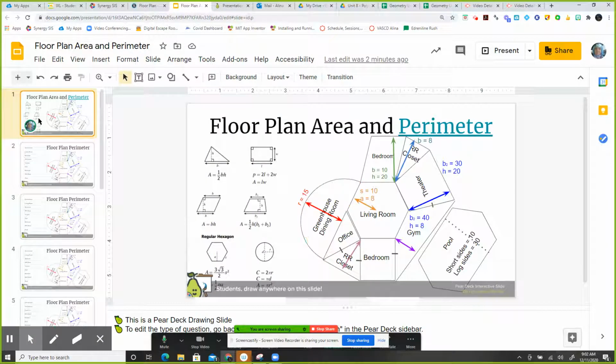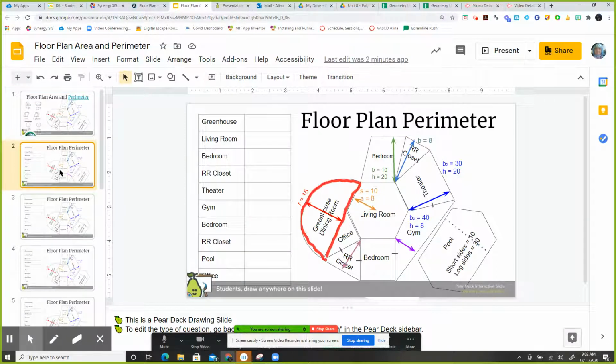What's the formula for a circle? 2 times pi r, right? So 2 pi r for a circle. And so I know the radius, so I could do 2 times 3.14 times the radius, which is 15, right? So what do I get when I do that?